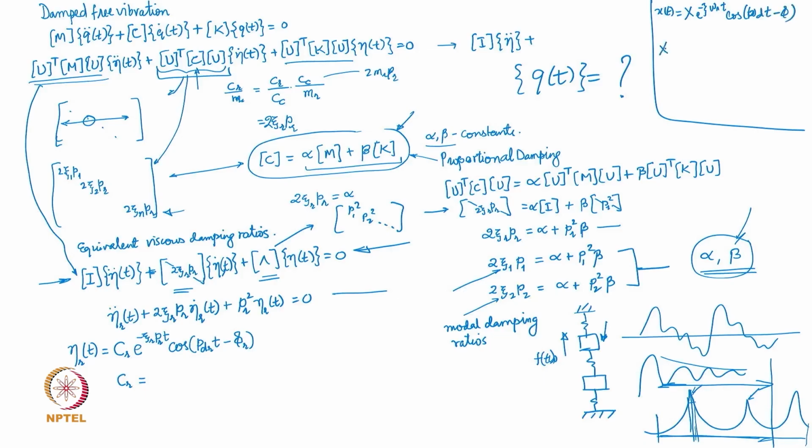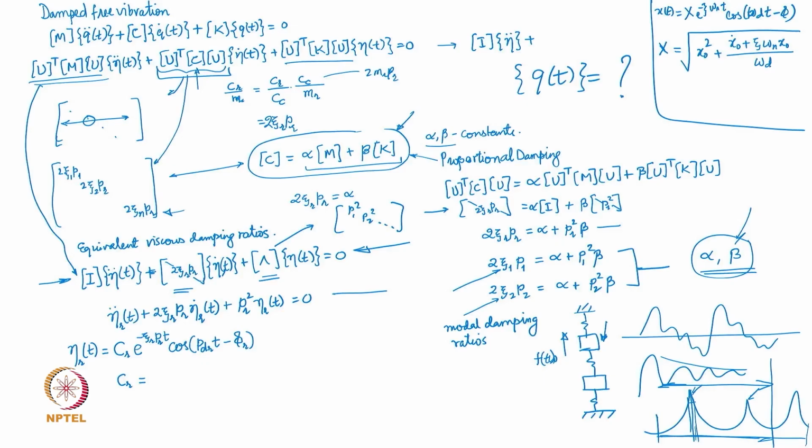So this capital X, which is the amplitude, was what? Square root of x naught square plus x naught dot plus zeta omega n x naught over omega d. That is what the amplitude expression was.